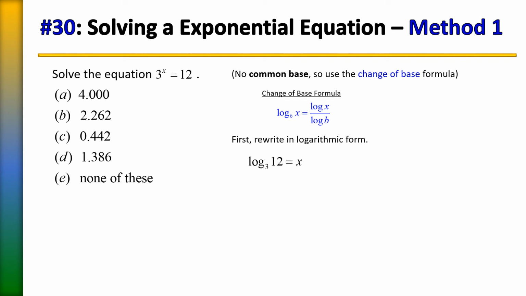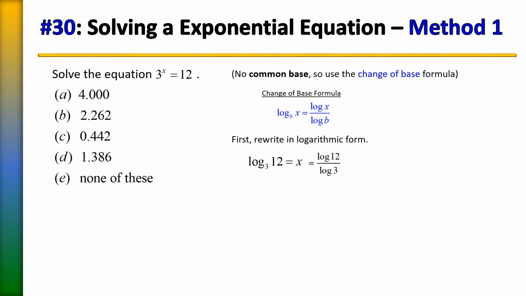So there you have it. Now let's use the change of base formula. Remember, with the change of base formula, it's going to be log 12 on top and then log 3 on bottom when you rewrite it. Get your calculators out. Go ahead and key that into your scientific or graphing calculator. Log 12 divided by log 3.